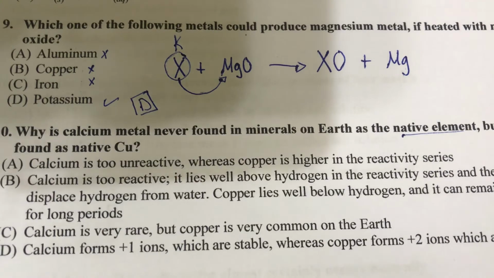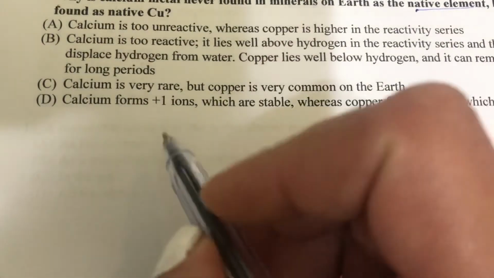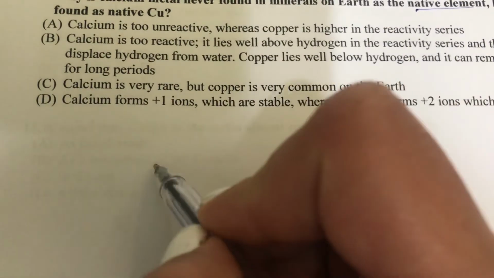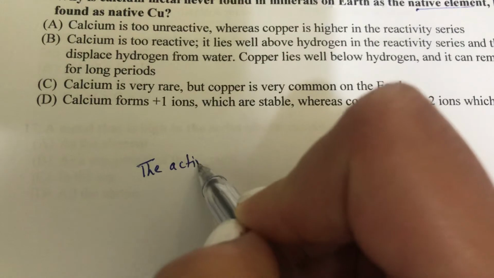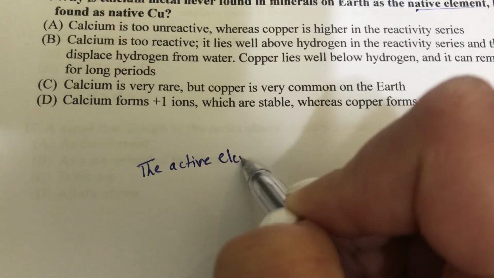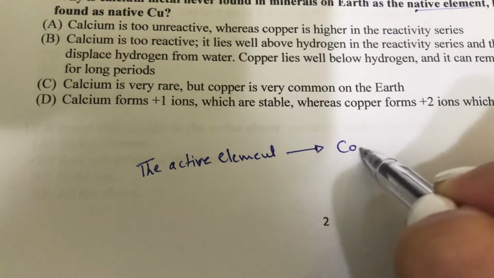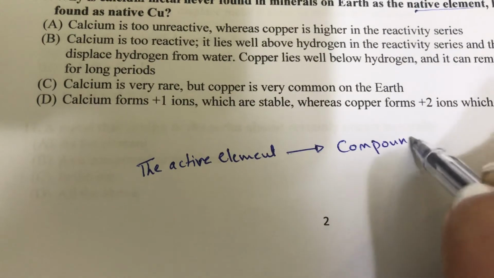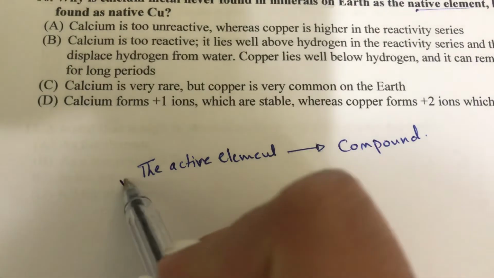It depends on the activity. So an active element is found as a compound because it reacts with hydrogen, for example, from water, so it is found as a compound.